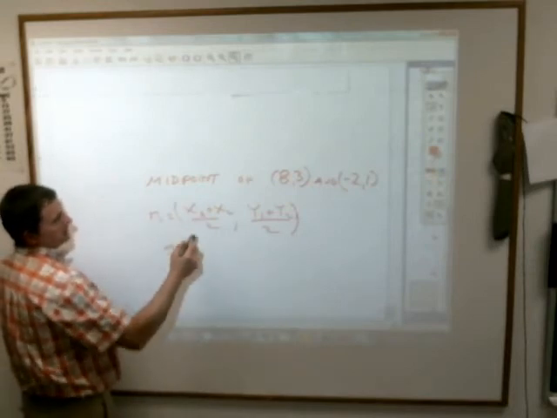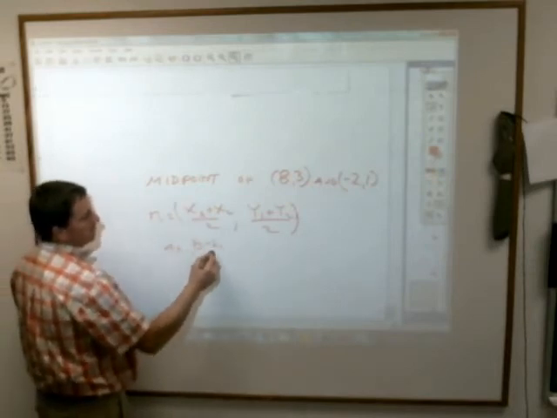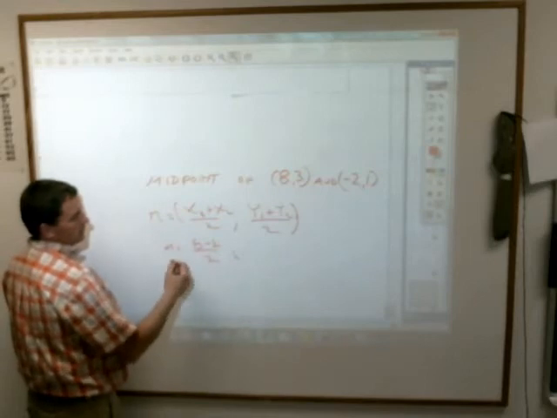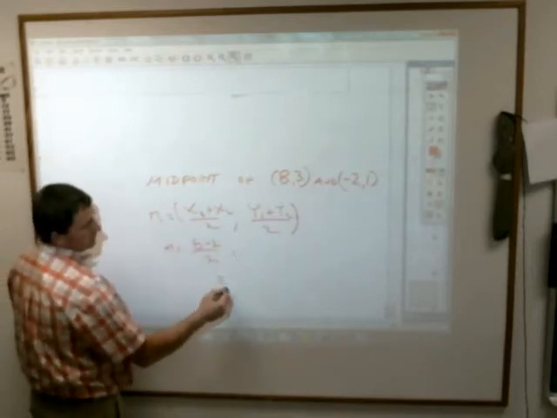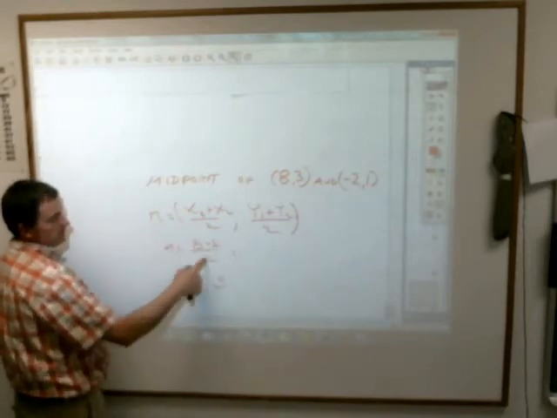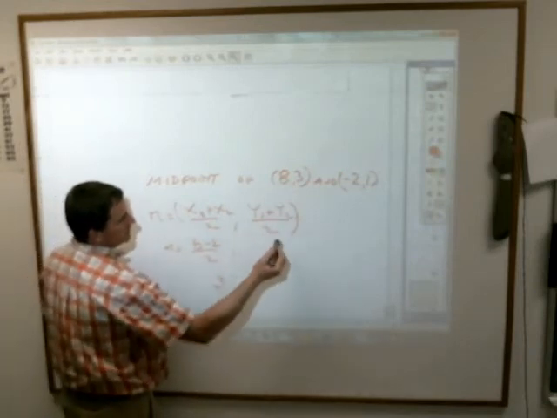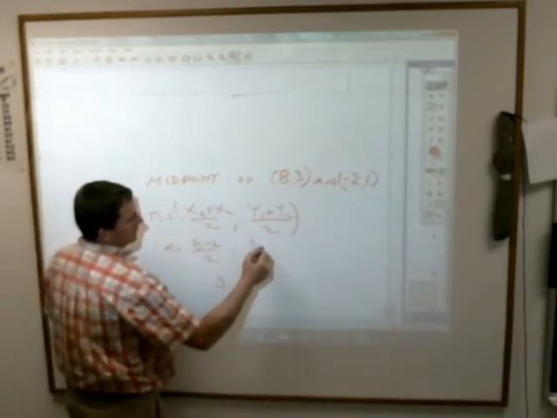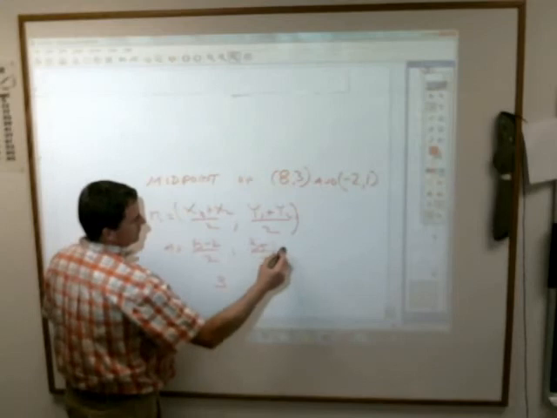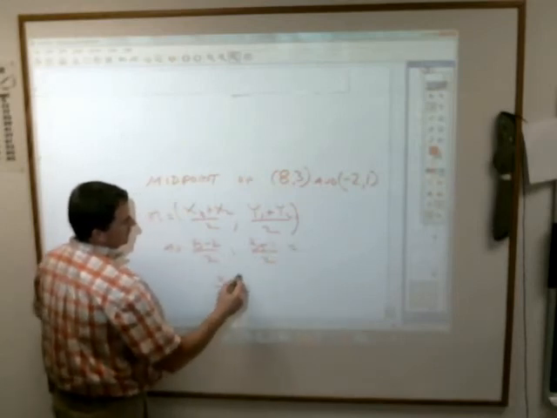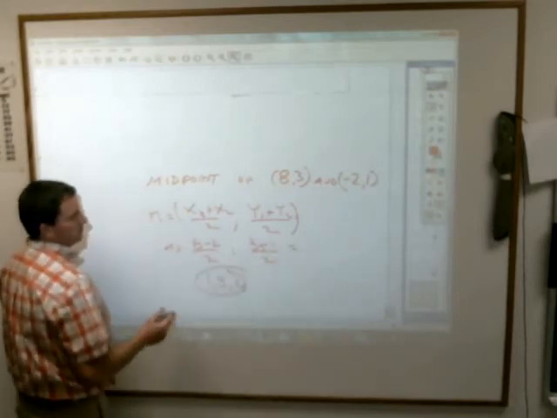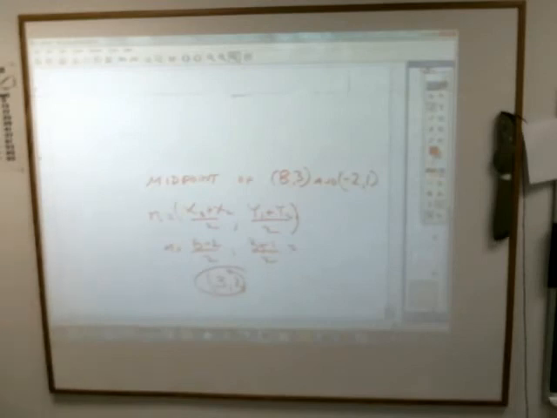So it's just your x's added together, 8 minus 2 over 2, which is 3. 8 minus 2 is 6, 6 cut in half. And the y's would be 3 plus 1 over 2, which is 4 over 2. 3 comma 2 is your midpoint of these lines.